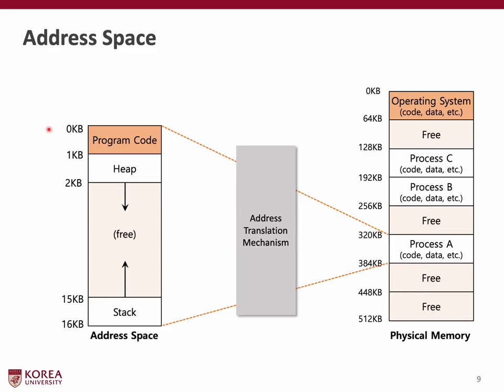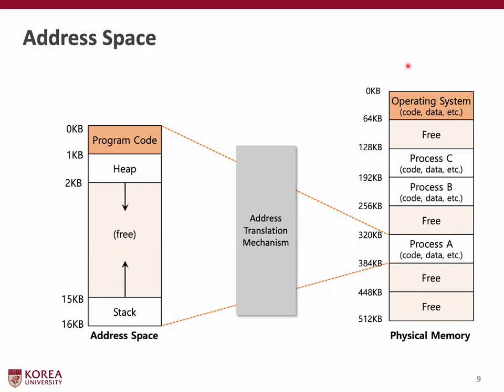As you can see, it's a contiguous block of memory that starts at address 0 and goes up to 64 kilobytes. And it has its code at the top, a heap that can grow downwards, and a stack that can grow upwards, with free space in between. This is the illusion that the operating system provides to the process.